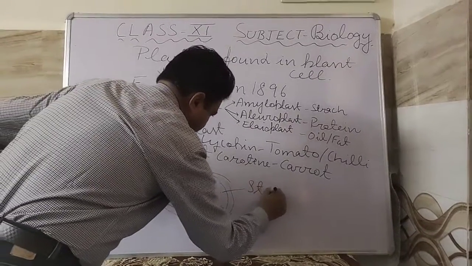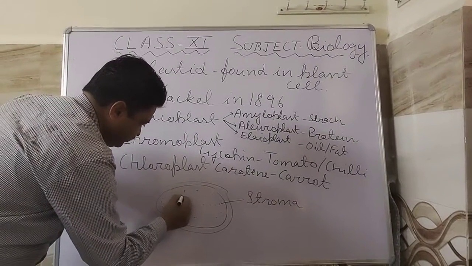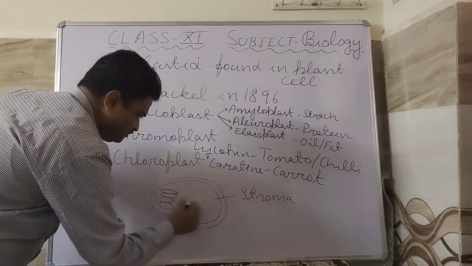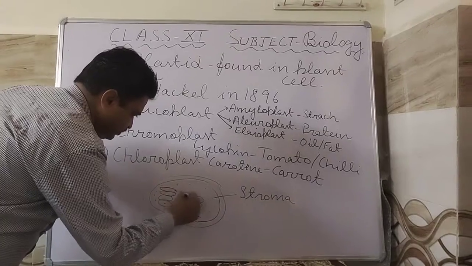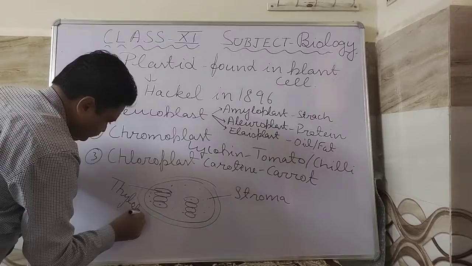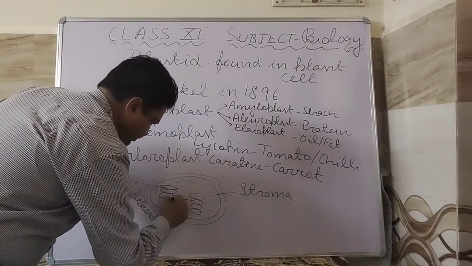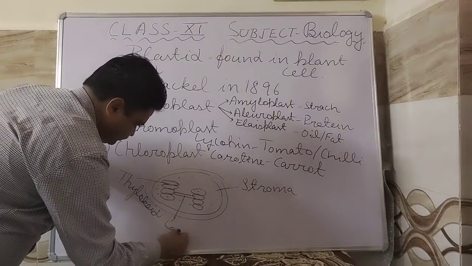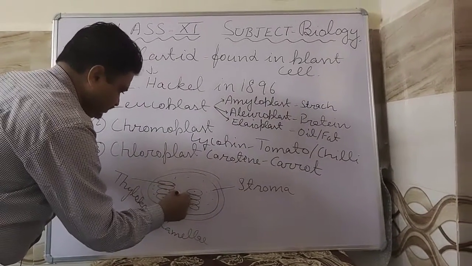In this stroma, cone-like structures called thylakoids are found in the form of piles, one over another. These thylakoid structures are connected with each other with the help of lamellae, known as stroma lamellae.